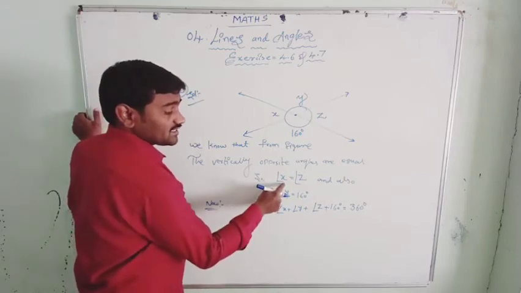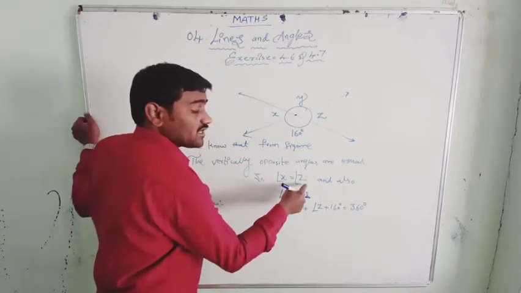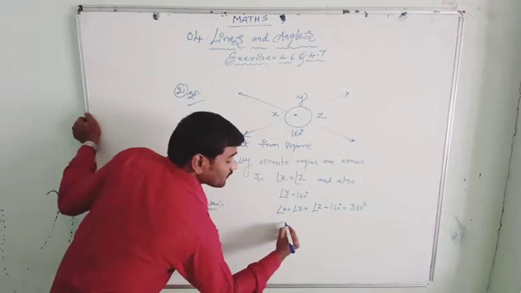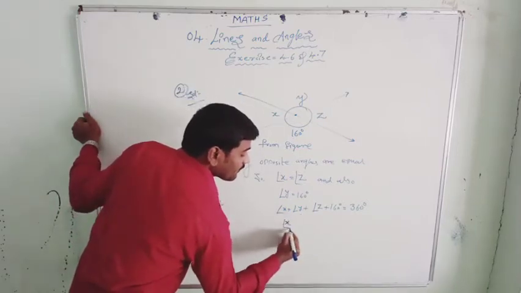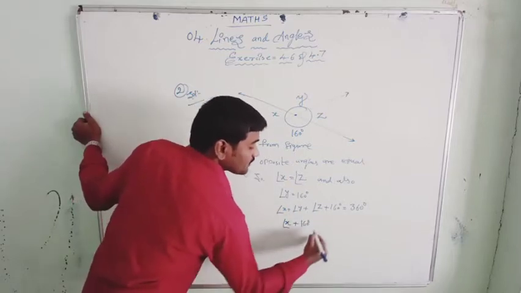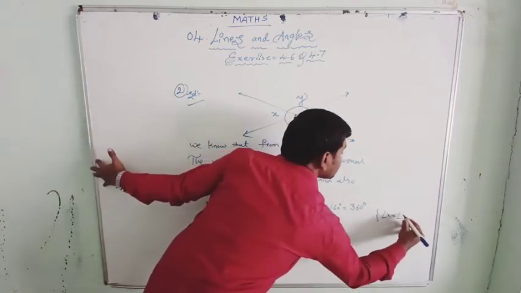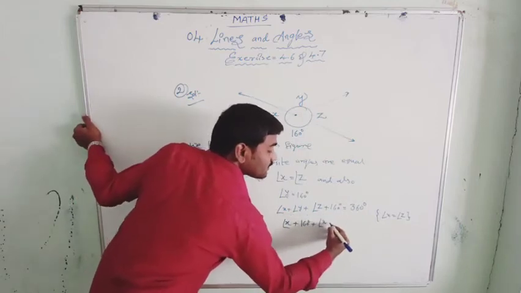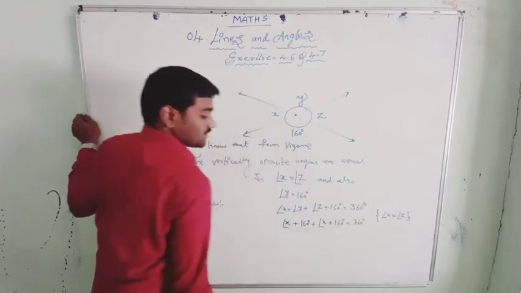Instead of angle X, we'll keep angle Z, or instead of angle Z, we'll keep angle X. Here angle Y is equal to 160 degrees plus angle Z. Here angle X equals angle Z. So instead of angle Z, I'll keep angle X plus 160 degrees equal to 360 degrees.